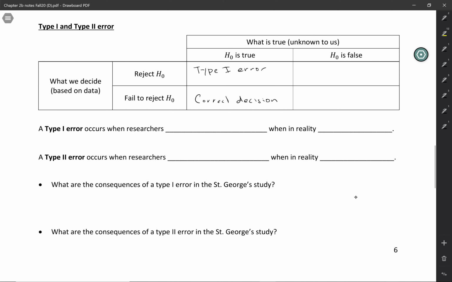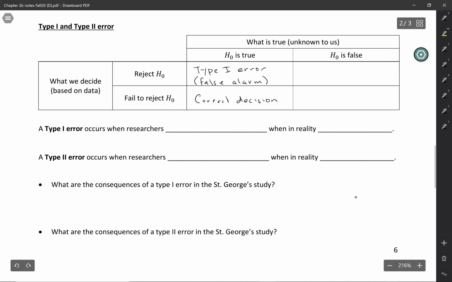It just means that because of sampling variability, the particular sample that you were working with led you to an incorrect decision. So that's a type 1 error. We also sometimes think of a type 1 error as like a false alarm. So really the null hypothesis is true. There's sort of nothing going on, but the test tells us that there is, right? The test gives us like a false positive or a false alarm.